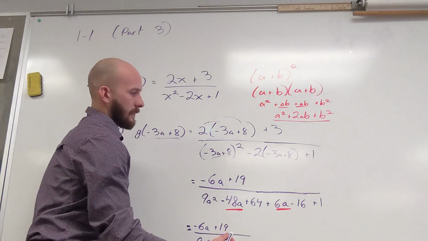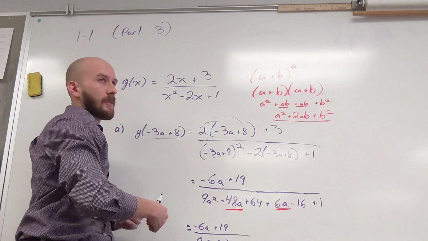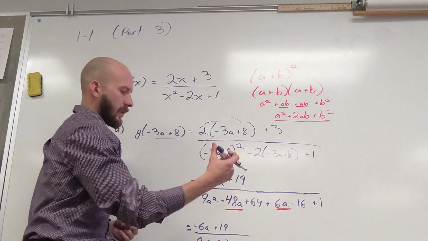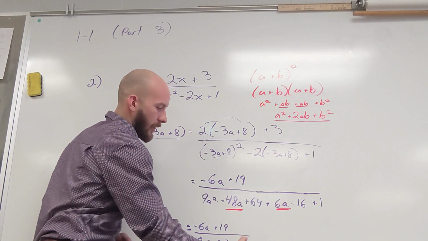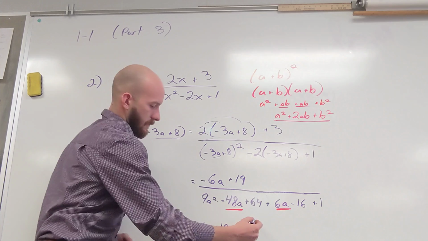Plus 45. 64 minus 16 is going to be 48 plus 1, should be 49, right? Yeah, I accidentally put a 3 right there.